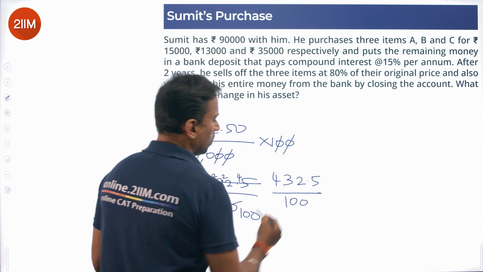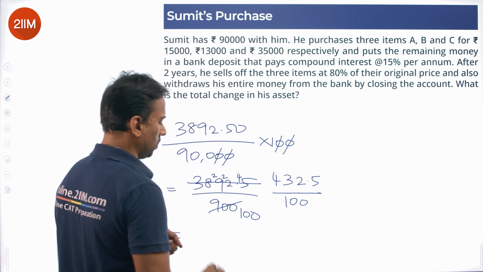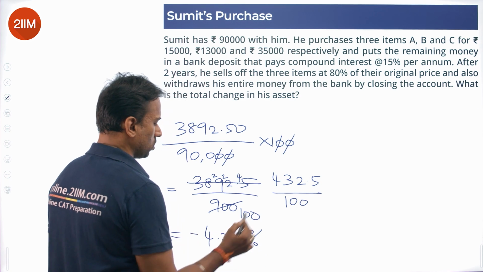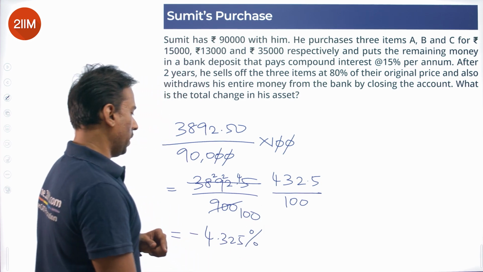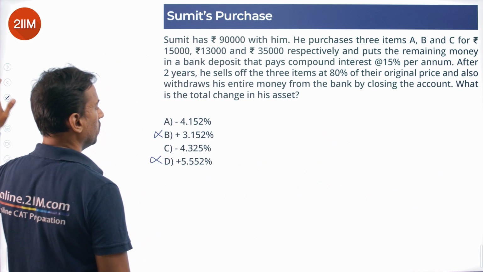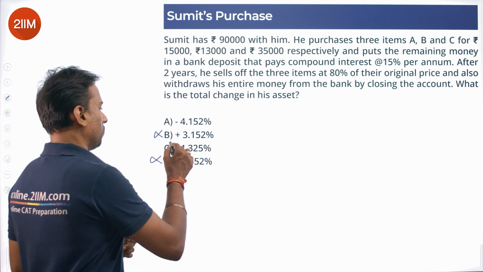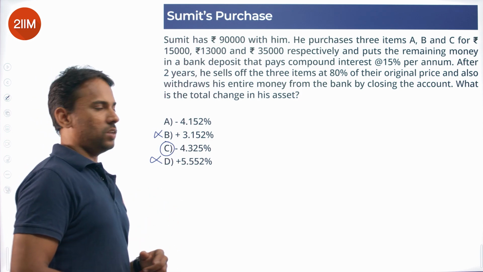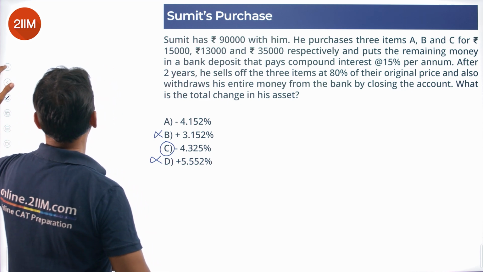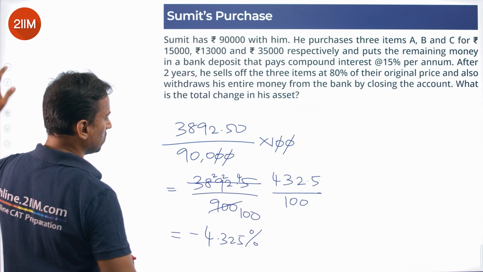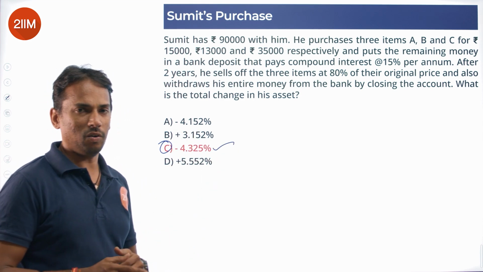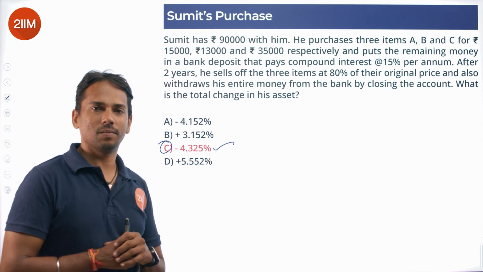By 100, so 432.5 by 100 is simply 4.325. So this much percentage loss should be the right answer. Minus 4.325 percentage. We are lucky. After some struggle, we got the answer perfectly, suiting with option C. So option C should be the right answer. Yes, we are right. Our hard work is paying off.